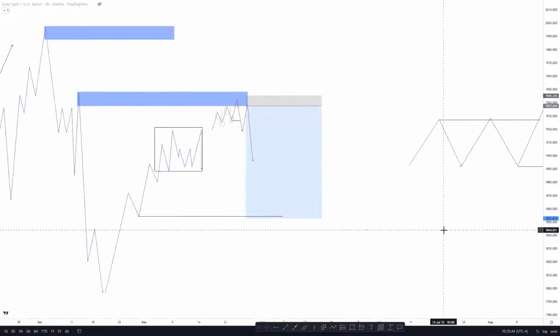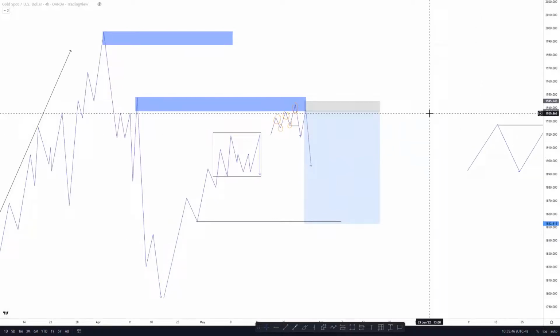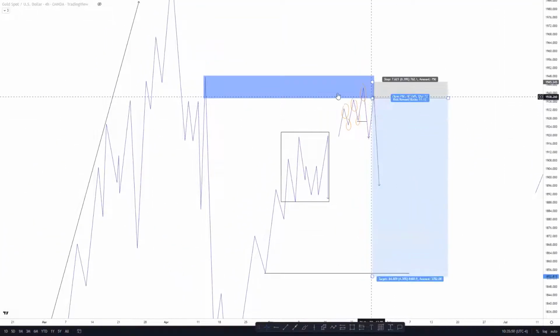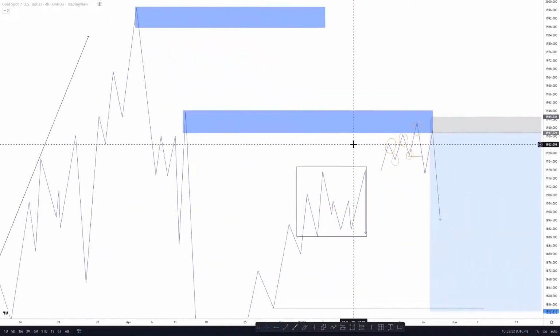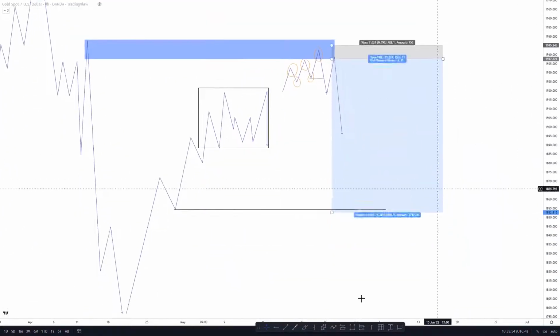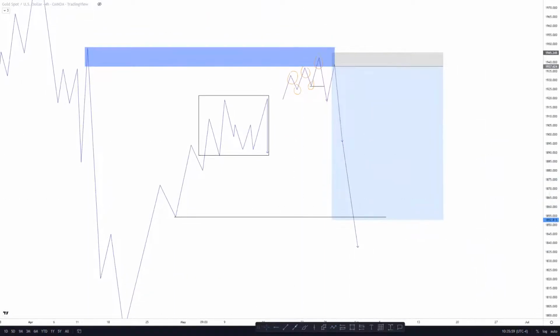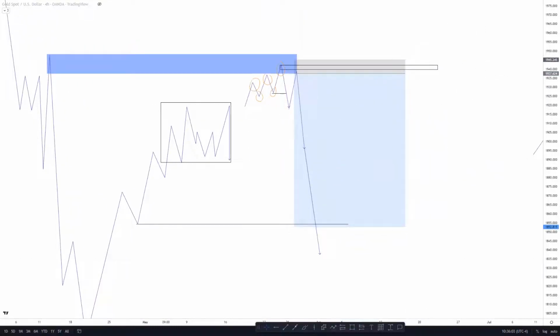But what many other people do is, if price has dropped here, they will see another order block here, so they will look for sells again here, but this will not happen.